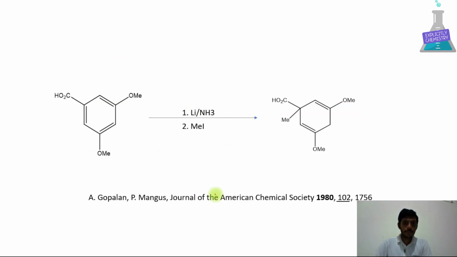See, this is another example which is taken from JACS. This is a starting material. They have added lithium in liquid ammonia. So you see here, this is electron donating group. Sorry, this is electron withdrawing, this is electron donating.